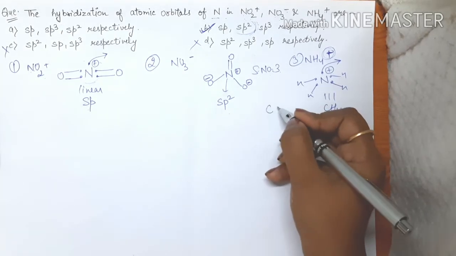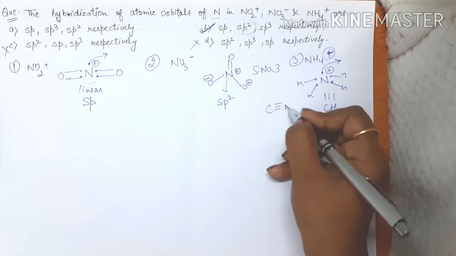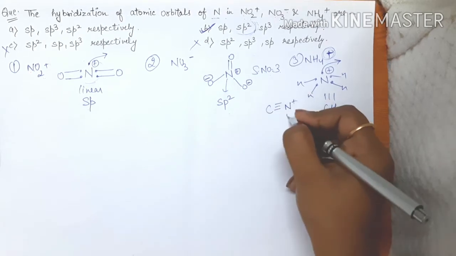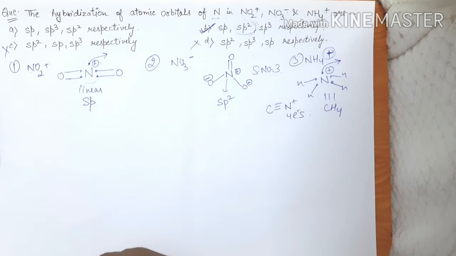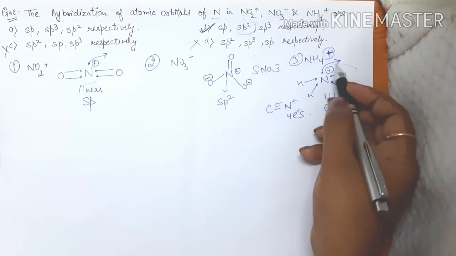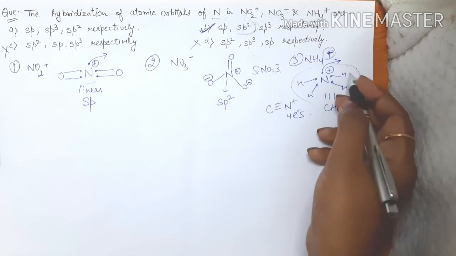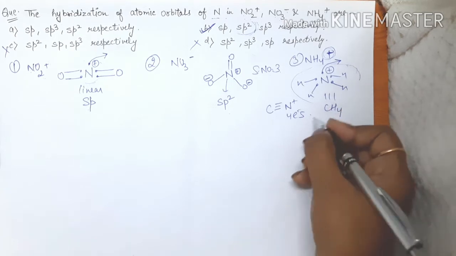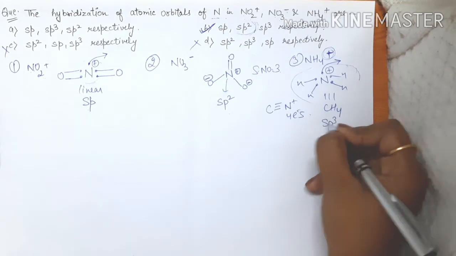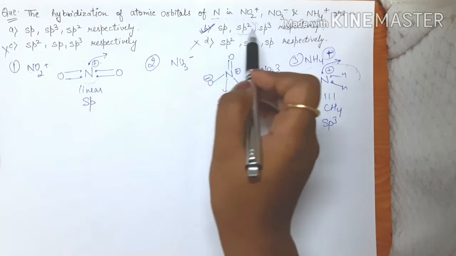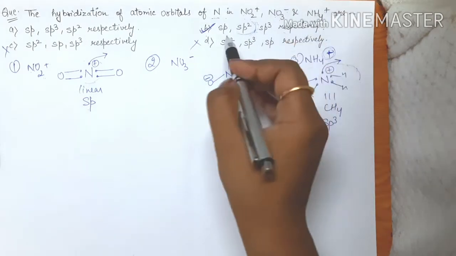Because carbon is isolobal to N positive. Both are having 4 electrons in the valence shell. So structure of NH4 positive is just like CH4 and hybridization will be sp3. So correct option is option B, right?